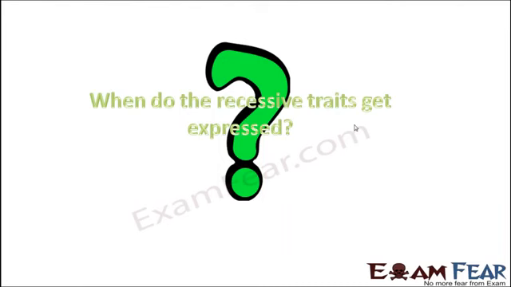Now the question is, when do the recessive traits get expressed? We already saw that partially: the recessive traits remain hidden in the immediate generation but later they got expressed. Why did that happen? Because recessive traits get expressed only when they are present in homozygous condition. Let us look into it in more detail.